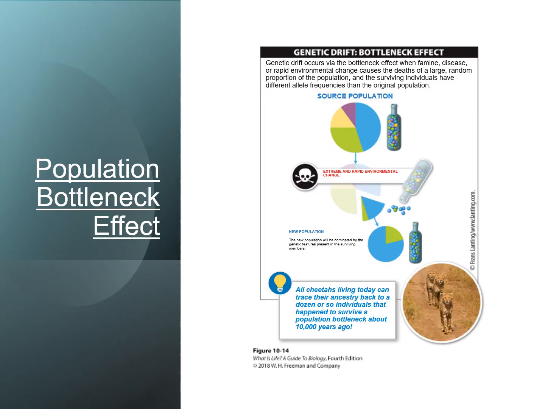The next effect is called population bottleneck effect. This is where you have famine, disease, or rapid environmental changes that causes the death of a large random proportion of the population.